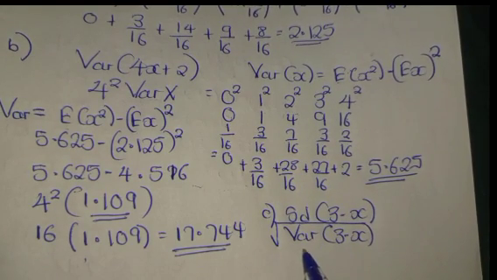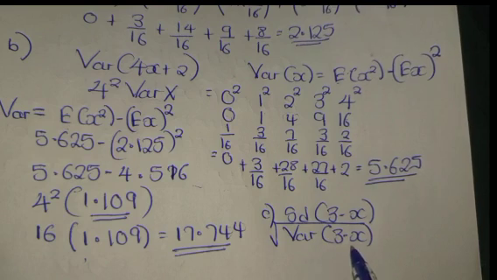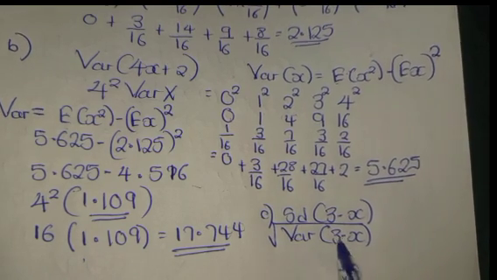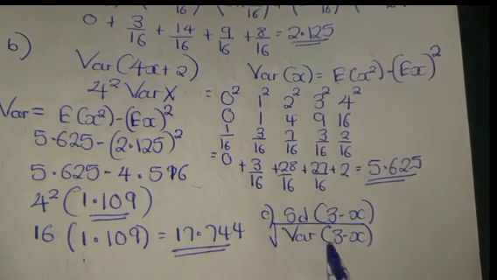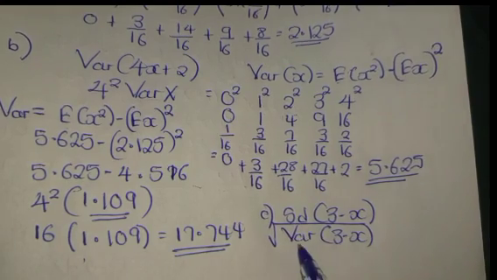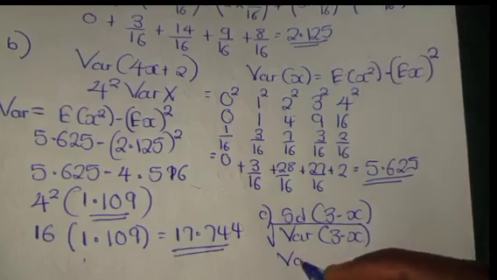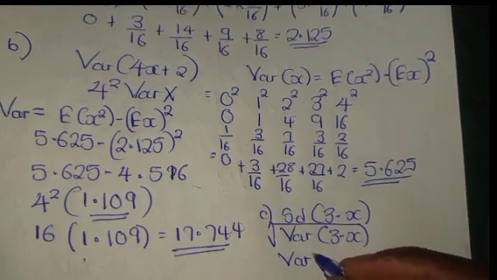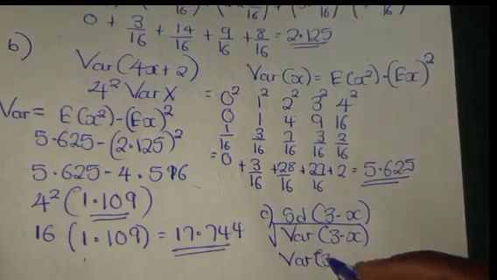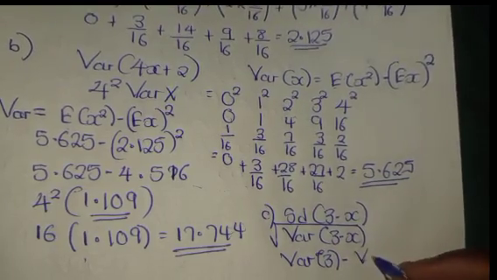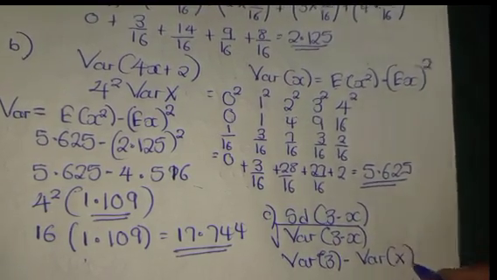Then immediately now we write what we are writing. Remember, we can use the variance properties, where we are having the variance of 3 minus the variance of x.